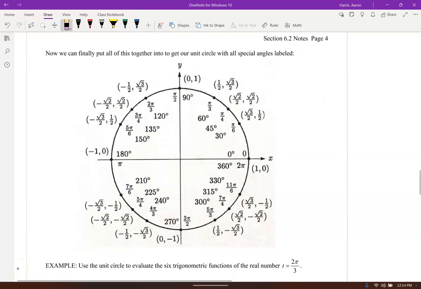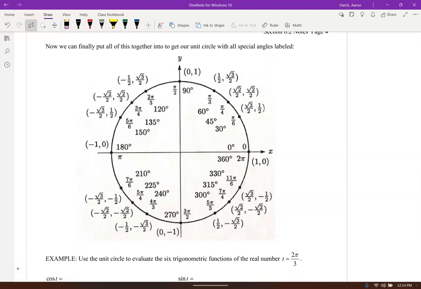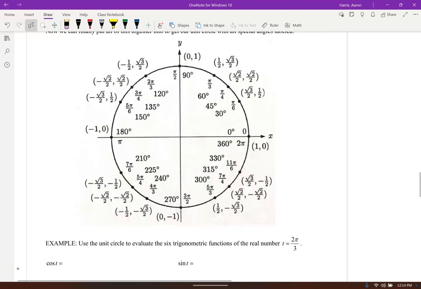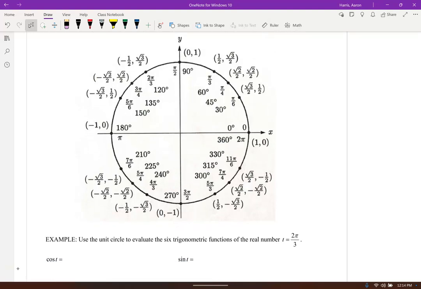So now that we have this unit circle referenced here, we're going to evaluate the 6 trig functions. So let's say our t is 2 pi thirds. In other words, we rotate 2 pi thirds, because remember, on the unit circle with a radius of 1, when I go 2 pi thirds, or 120 degrees, I'm rotating t amount.